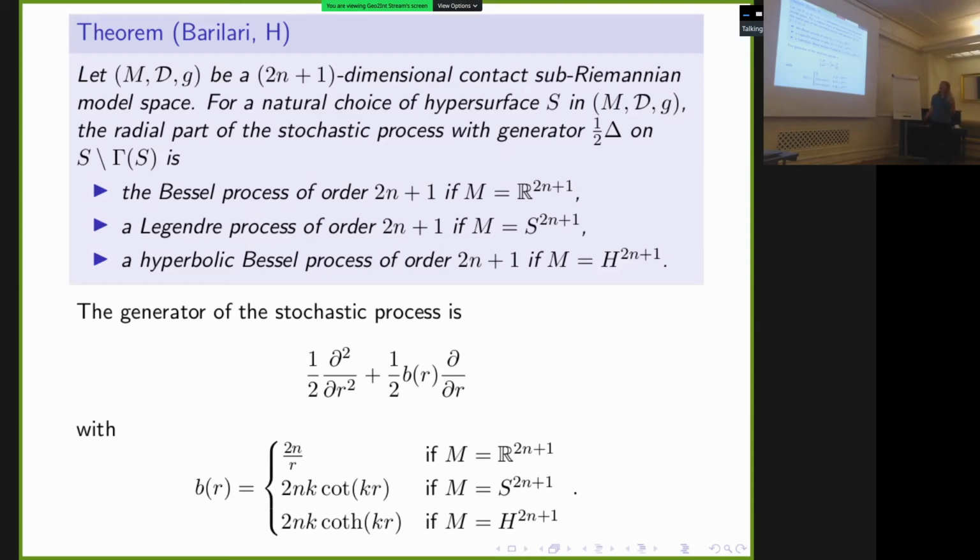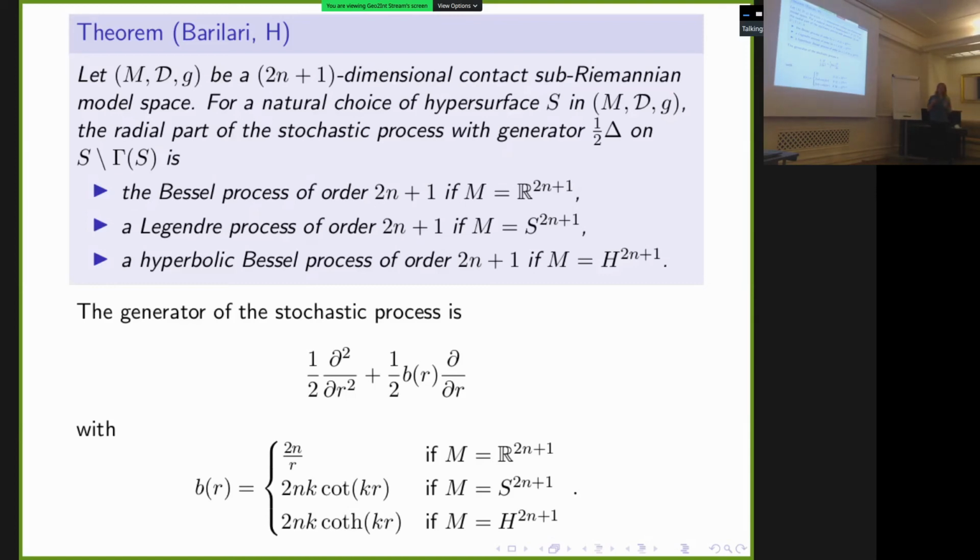The thing to highlight is again that, for instance, take this: our hypersurface is of dimension 2n, and the radial process in this geometry is a Bessel process of order 2n plus 1.